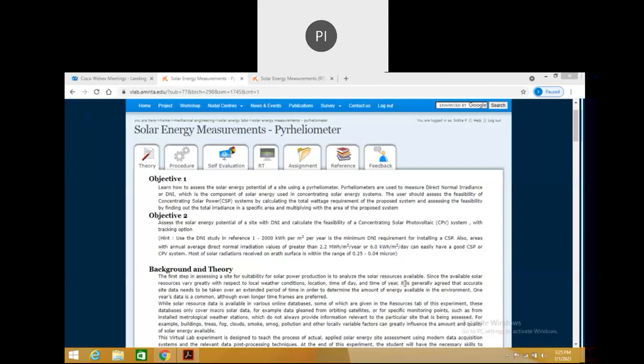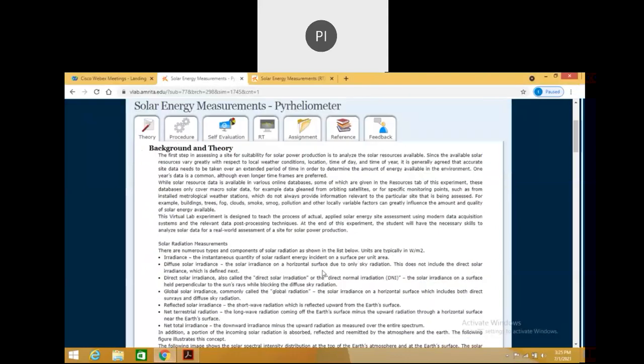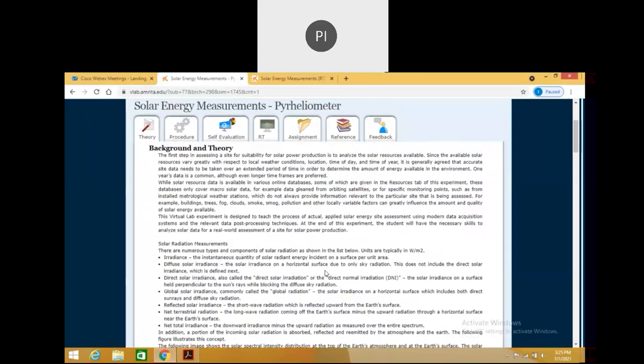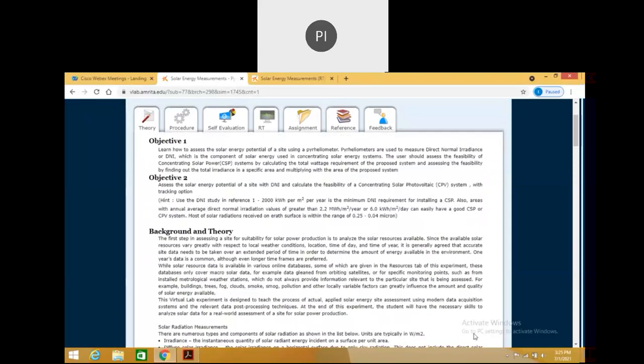We saw the diagram earlier of how solar radiation arrives. The first step in assessing a site for suitability for solar power production is to analyze the solar resource available. We have to test whether the sun's radiation is coming properly to that site. That is the basic requirement, and for that, solar pyrheliometers are very useful.